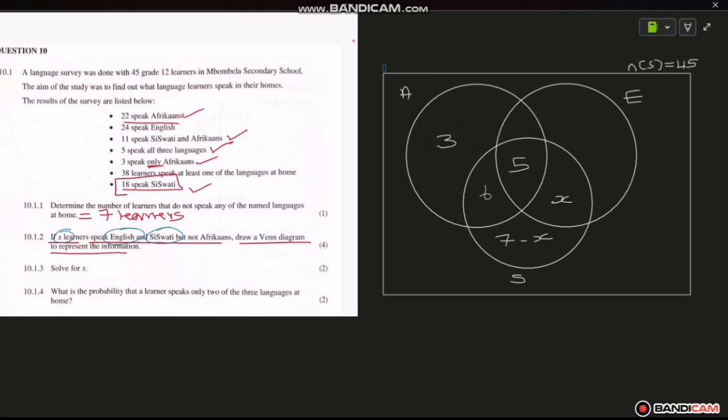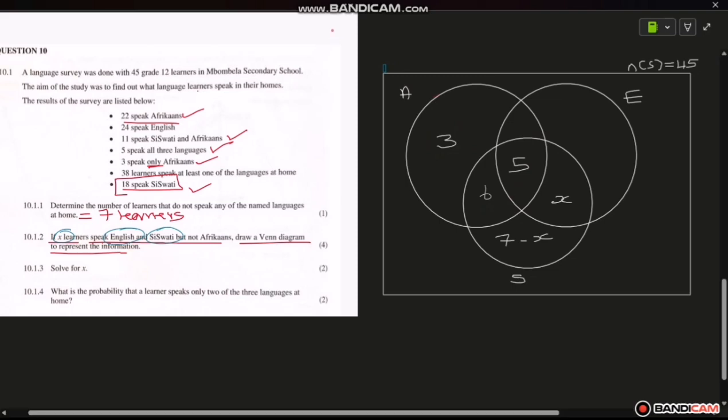Now that 22 is for the entire event of Afrikaans. Therefore, we're going to take that 22 and subtract those numbers from that 22 to get that empty space, which is the intersection between Afrikaans and English.